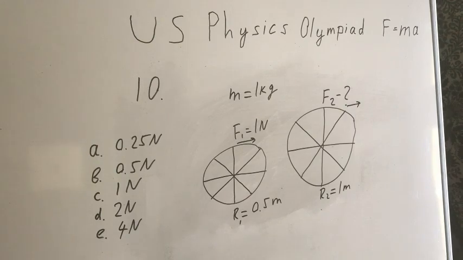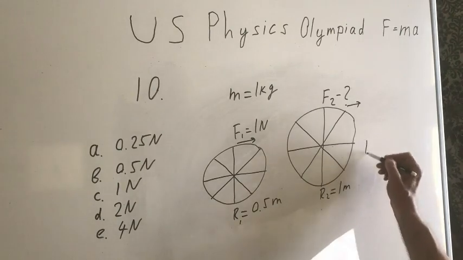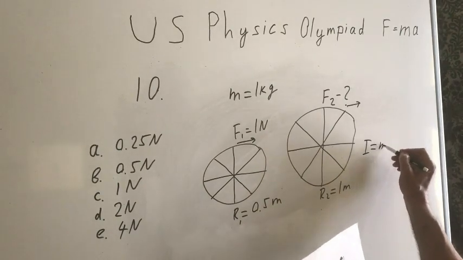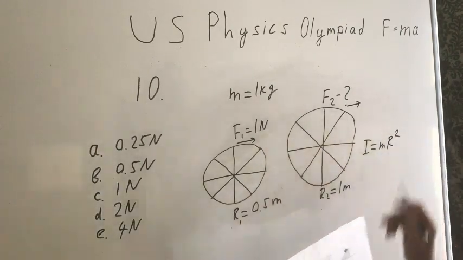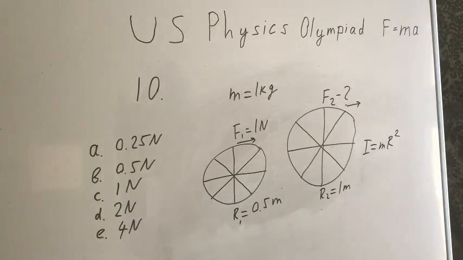Assume the hubs and the spokes are massless, so that we can count rotational inertia I equal mr square. In order to impart identical angular accelerations about their respective hubs, how large must F2 be?